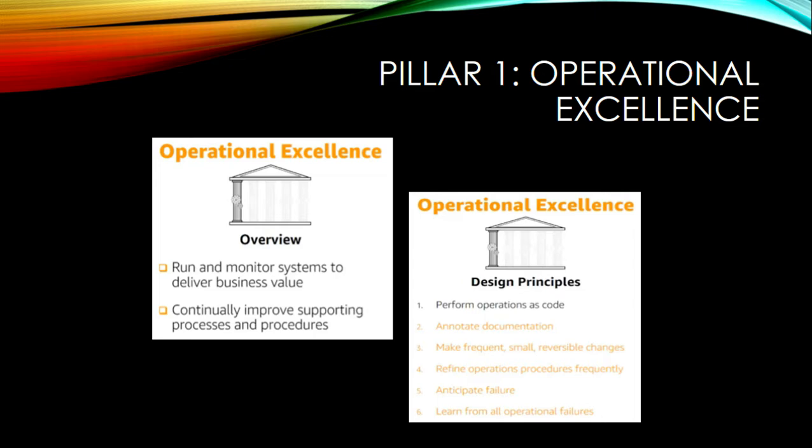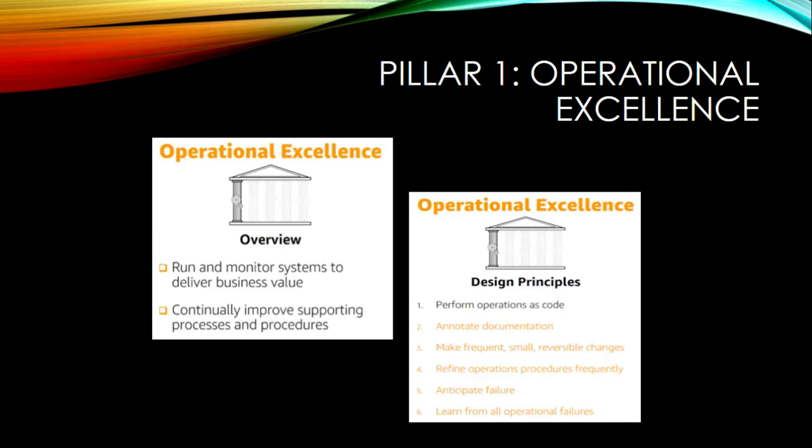The fourth is refine operations procedures frequently. As you evolve your workload, evolve the procedures appropriately. A refinement of operation procedures is required, so it talks about the evolution of your workload.